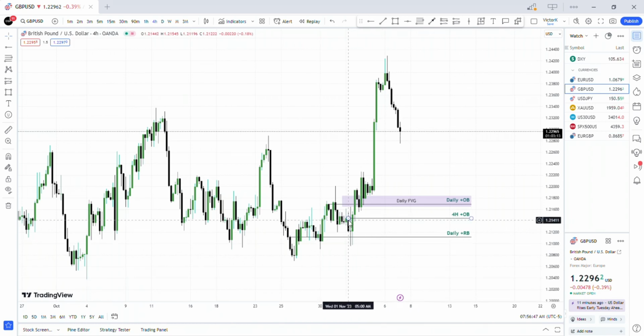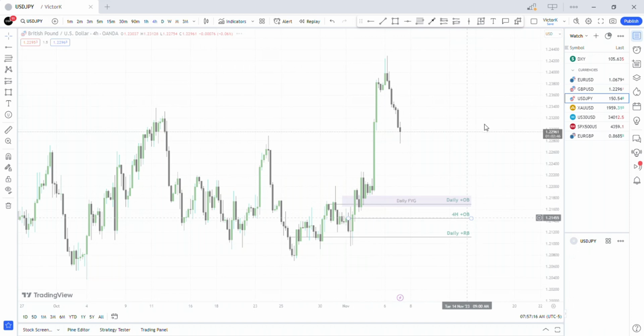This 4 hour bullish order block is what I'm interested in the most. I have the daily fair value gap and daily order block right here as well. Price may also possibly react from these, but what I am expecting the most is this 4-hour bullish order block.